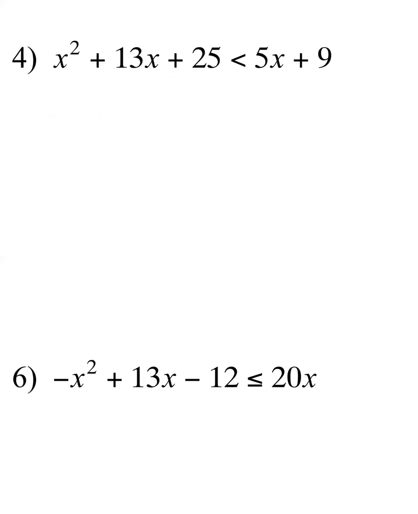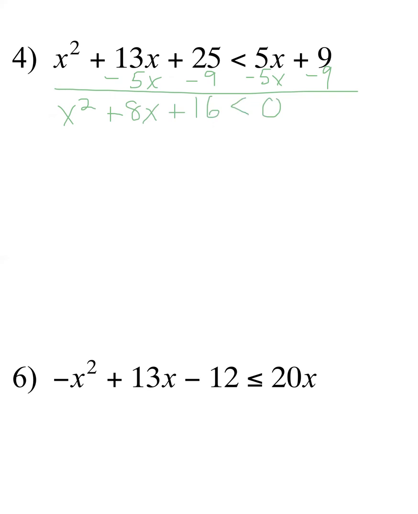Okay, so let's see what happens with 4. First thing I need to do is get that right-hand side equal to 0. So we're going to subtract 5x and subtract 9. Now we've got x squared plus 8x plus 16 is less than 0 is what we're looking for.